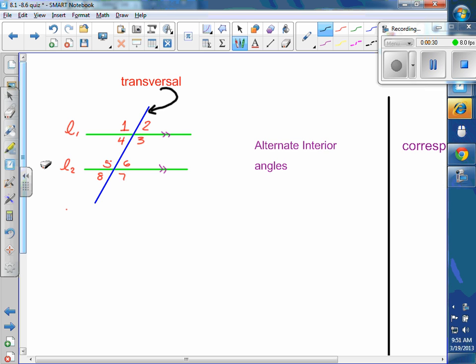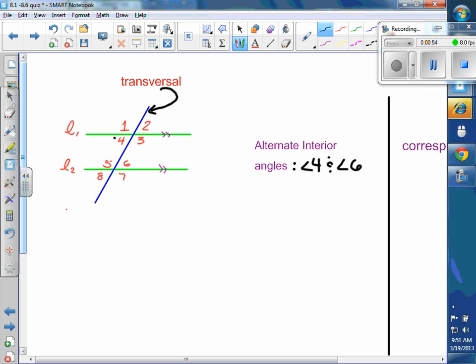That's why it's interior. If I look at 4, that's in between the green lines, and the other angle in between the green lines but on the other side of the transversal is 6. So angles 4 and 6 form a pair of alternate interior angles.